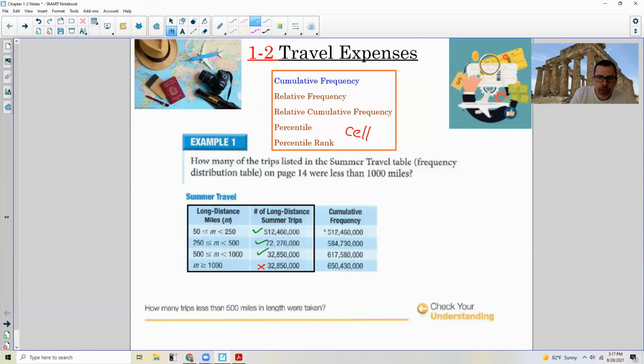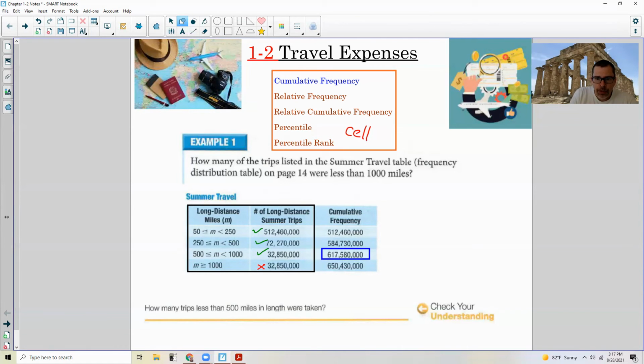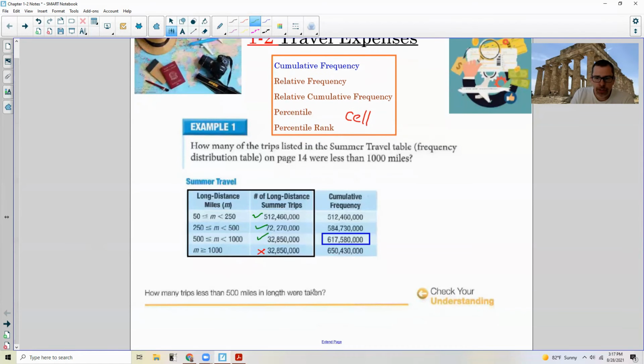So what I want to do is use the cumulative frequency all the way up to, but not including, this 1,000. And therefore, the answer to this problem is right here. How many travelers traveled less than 1,000 miles? It is 617,580,000. Okay, so now pause the video, see if you can answer this check your understanding question, come back and see how you did.